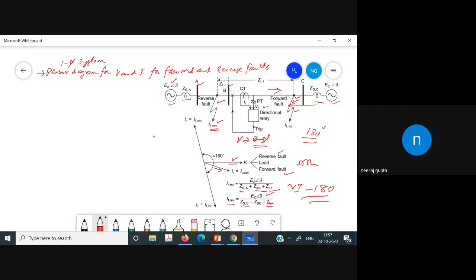Now, the basic concept which lies behind that is the following.